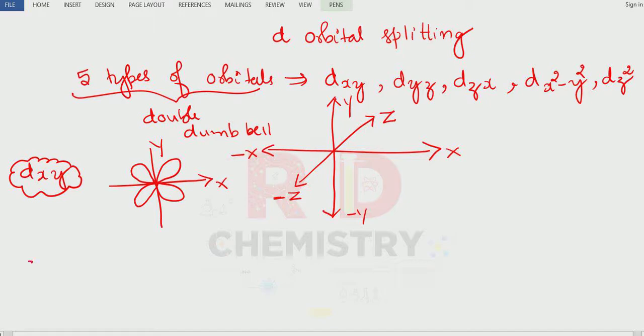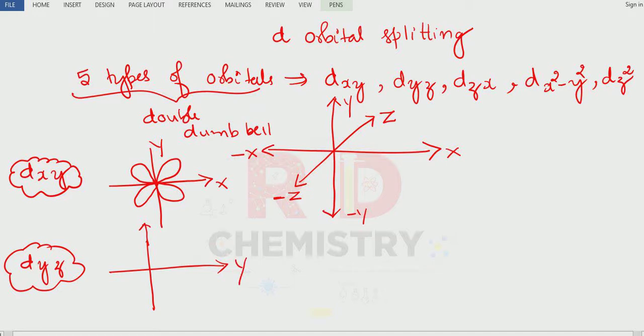Next one, dyz. Now you have to consider only 2 axes here. Forget about the x-axis. Now what I'll do, I can also rotate these axes. So we'll have only y and z on the plane of the screen here. X is perpendicular to this plane, but we are not interested in it.